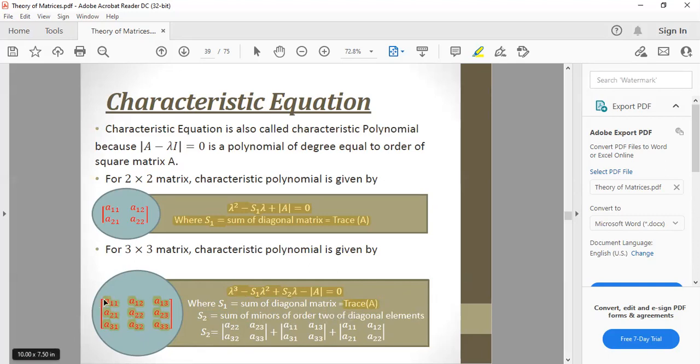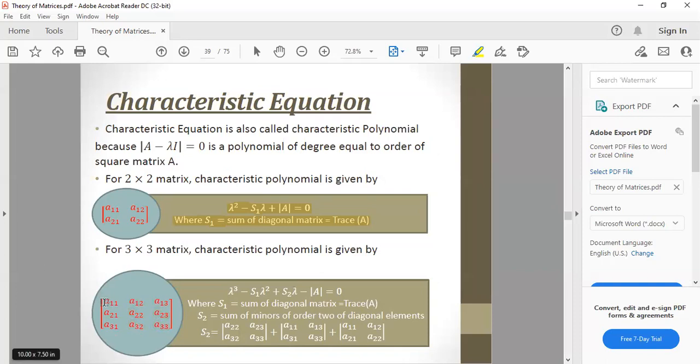So you look at the diagonal element A11. What is the minor of this? If I take A11, the minor of this is going to be this 2 by 2 matrix. So you can see that the first one is this. Now I will take A22.